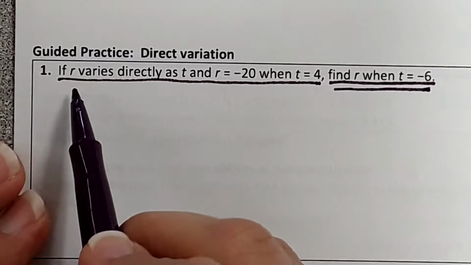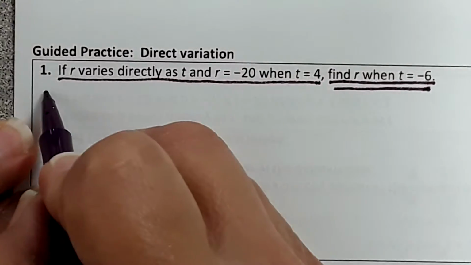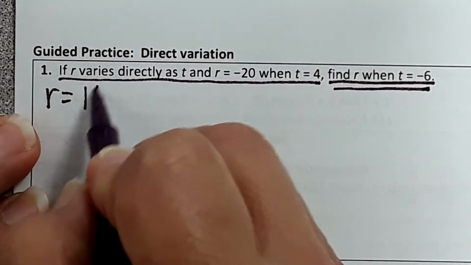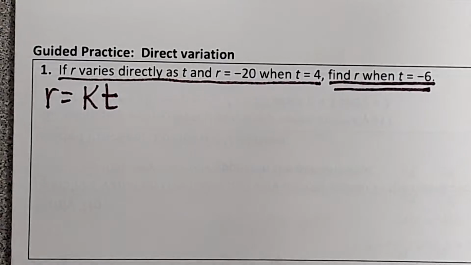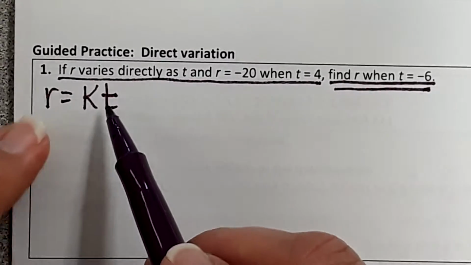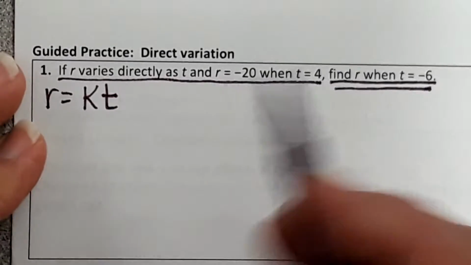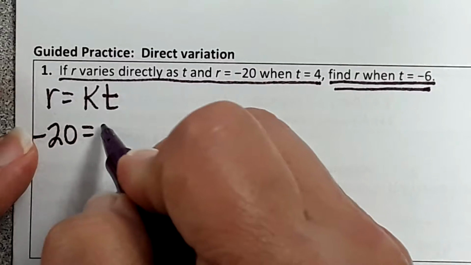It says r varies directly as t. So that means r equals kt. That's what that means, okay? R equals negative 20, and t equals 4.